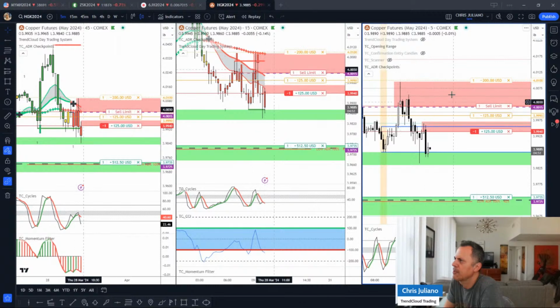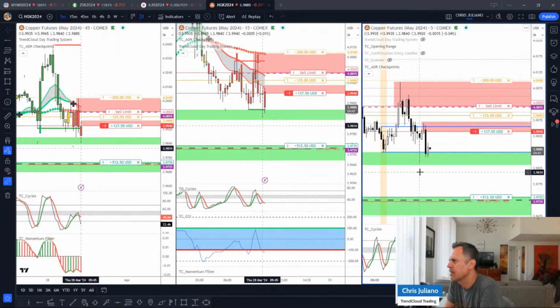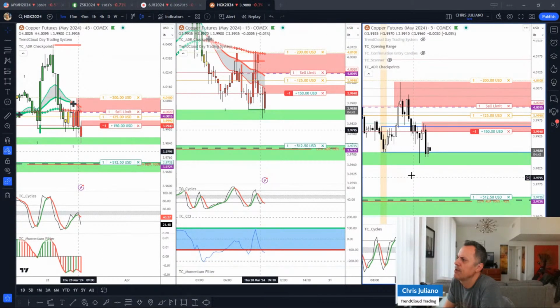Broke to the upside, bull trap, broke through the opening range. We're kind of retesting, right? So now we've actually got the retest area of the opening range right here, 150, 162. So this is a legitimate retest area on the opening range.